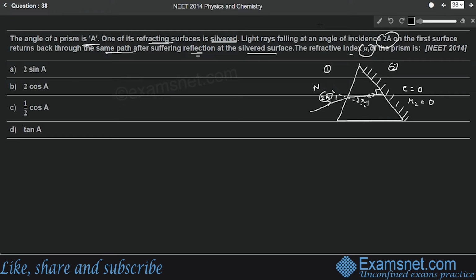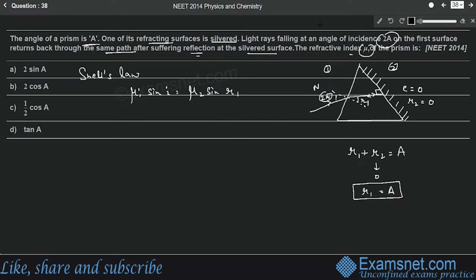Now, we know that R1 plus R2 is always equal to the angle of prism, that is A. Here R2 is 0, so R1 will be equal to A. Now we'll use Snell's law here. According to this law, mu1 sine i equals mu2 sine R1.